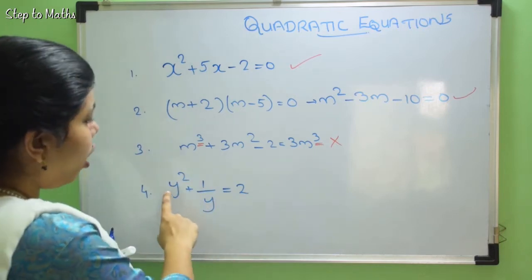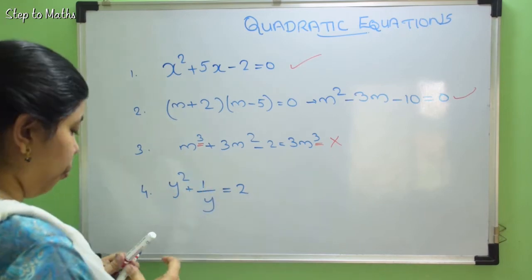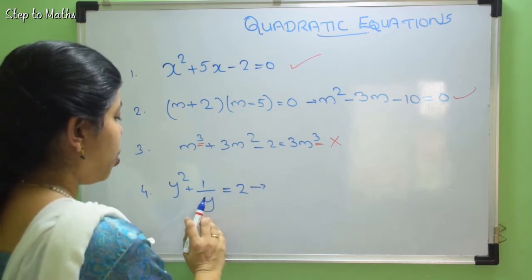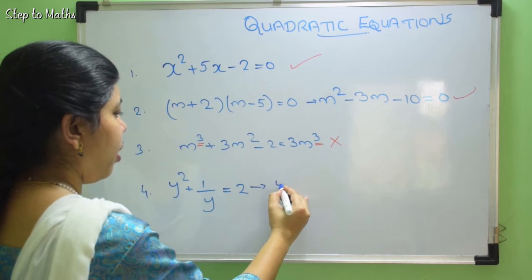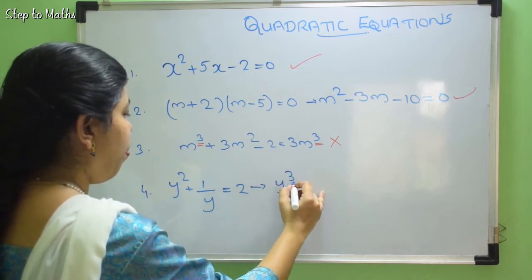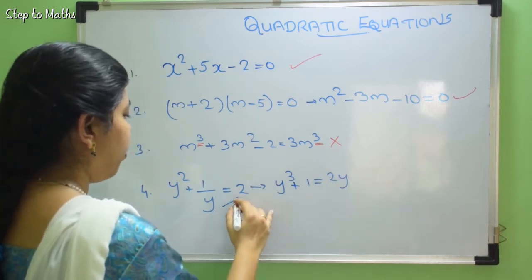Check the fourth one: y square plus 1 by y equal to 2. If we rearrange this equation, y cube plus 1 equal to 2y.